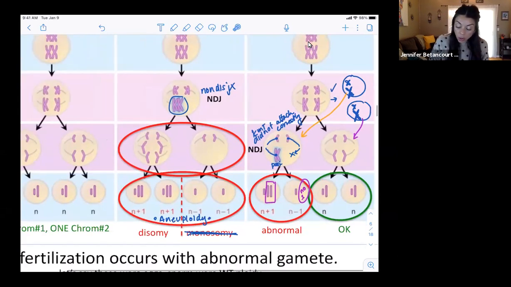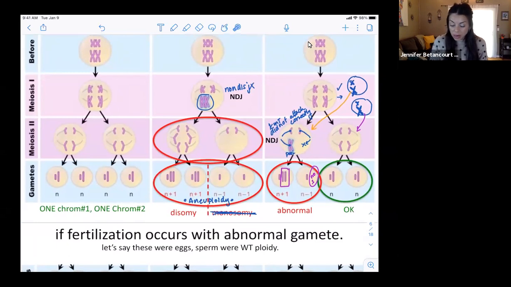So what I'm trying to get you to see here is that when non-disjunction happens earlier in meiosis, then the resulting gametes, all of them, 100% of them, are aneuploid.